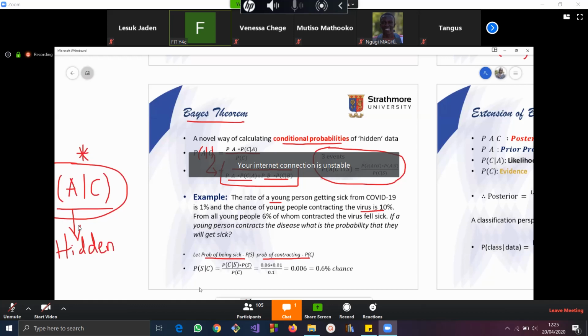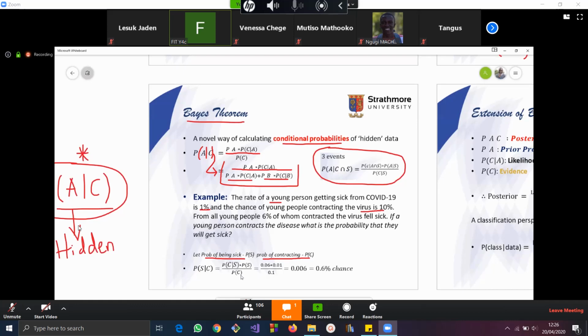So the probability of S given C can be computed by the probability of C given S, which we have, which is 0.06, times the probability of S, 0.01, and yes, getting sick, that is P(S), the probability of getting sick, is 1%. That's what I've captured here.